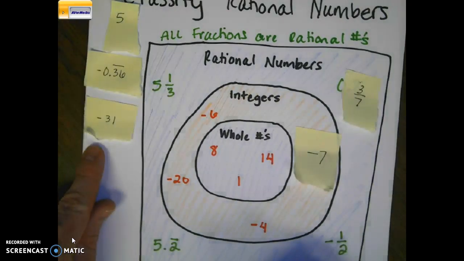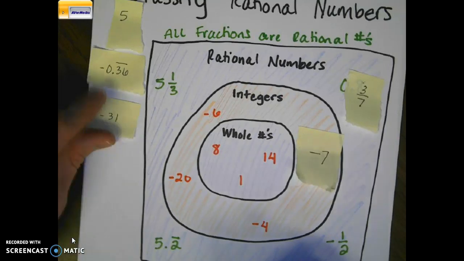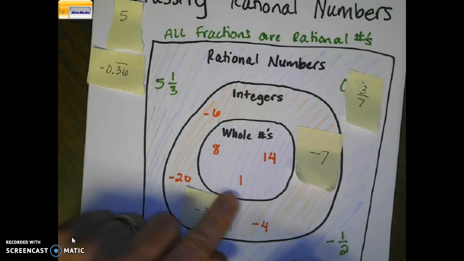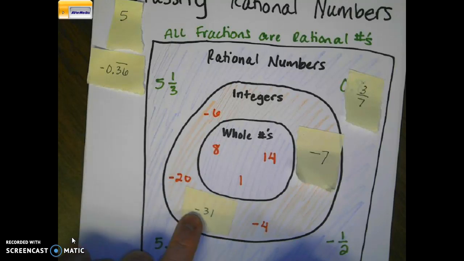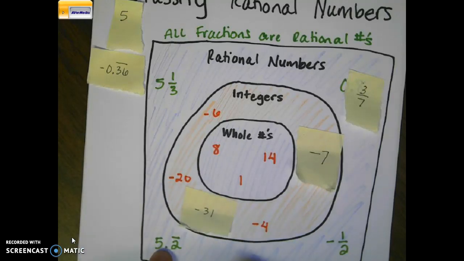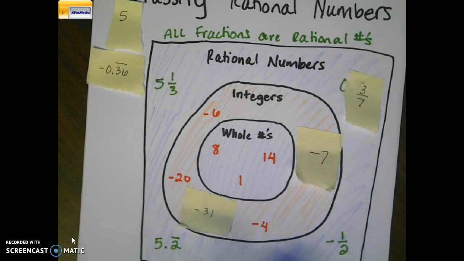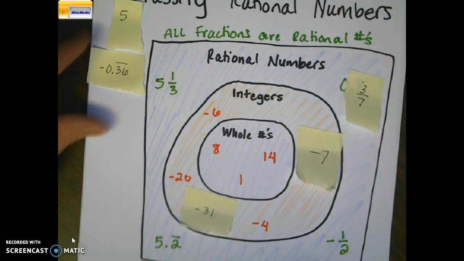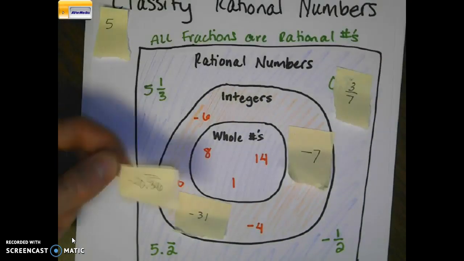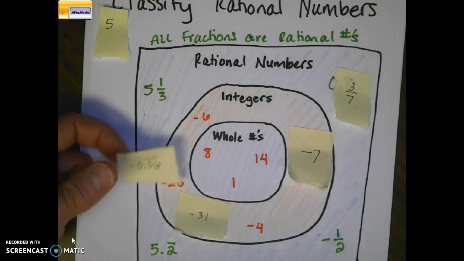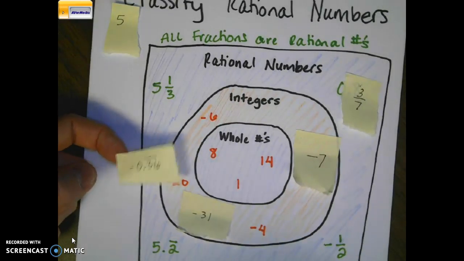What about -31? What do you think? Yeah, it's an integer. It's not a whole number, it's an integer. And it's not written in fraction or decimal form, so that's why we're going to put it in the integer circle. Again, it's still a part of the rational number family. What about this? It's a negative. So many of you might think, oh, integer, integer, integer. No, it's written in decimal form.